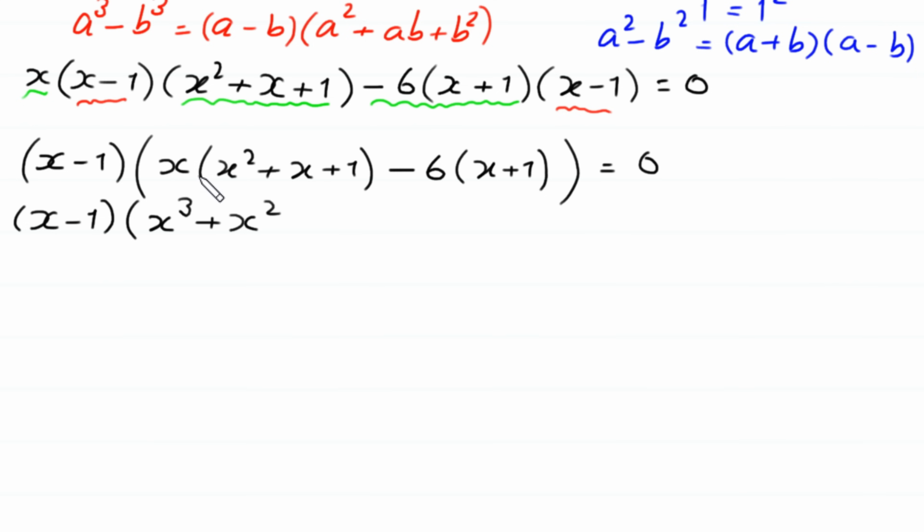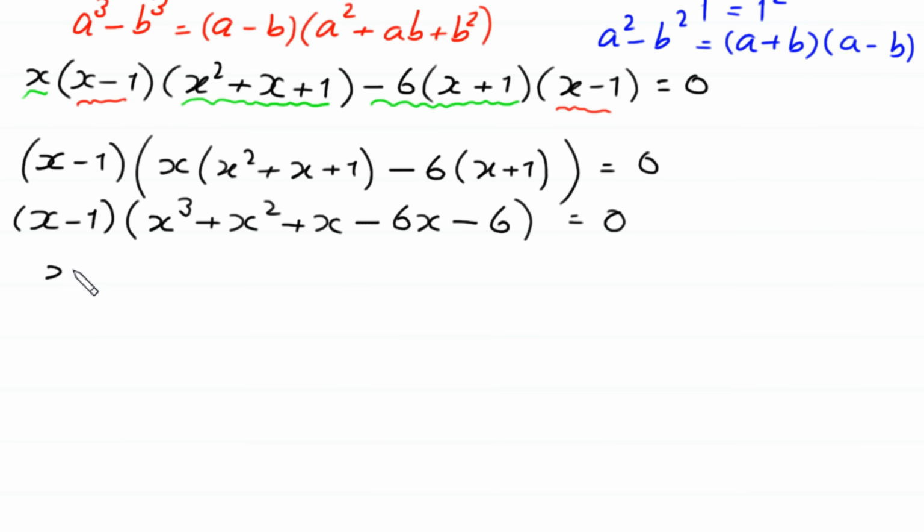Next, x minus 1 times x squared times x is x cubed, and x times plus x squared, and x times plus 1 is plus x, and this negative 6 times x, negative 6x, and this negative 6 times plus 1, negative 6, is equal to 0.